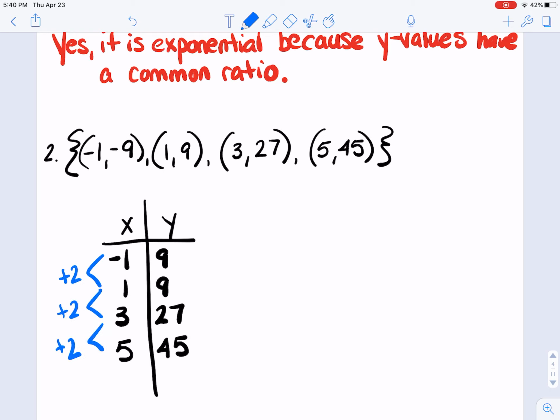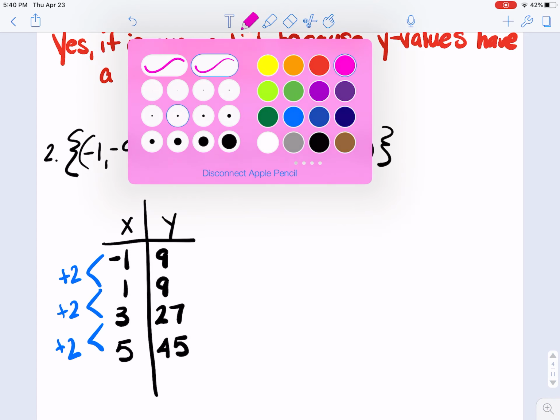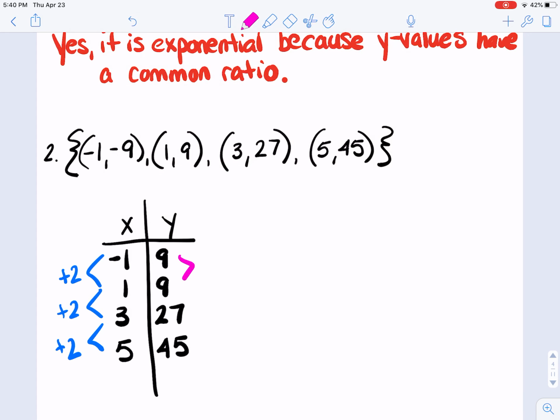It's not multiplication. On the right, now I'm going to look. 9 to 9, that means I multiplied by 1. 9 times what gives me 27? That would be multiplying by 3. And then 27 to 45, that's actually a weird number because 27 doesn't divide into 45. So you would get times 5/3.